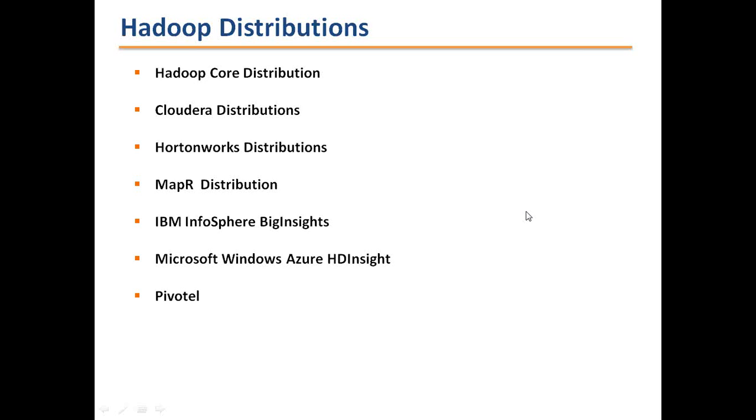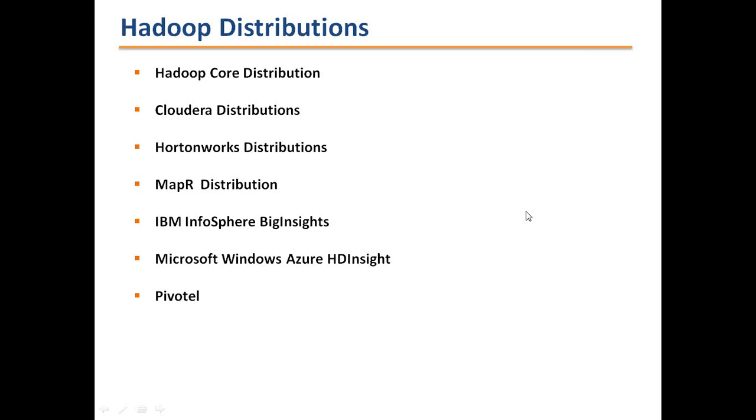All these distributions use the same Hadoop ecosystem tools for functionality, but for installation, configuration, and monitoring, they provide some other services apart from the core tools. Some of the companies provide more support and backup, depending on the company or distribution.